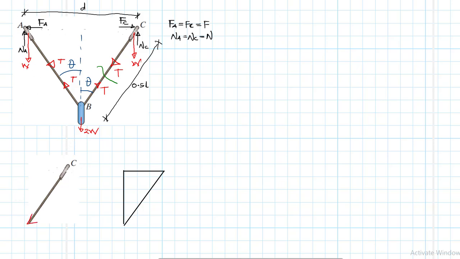I expect a tension there of T, and we said this is theta there, and I have NC, I have FC, and then I have W, the weight of the ring at C. If I was to redraw this, I have theta there, then I have this length 0.5 L, then I have this length here, which is 0.5 D.